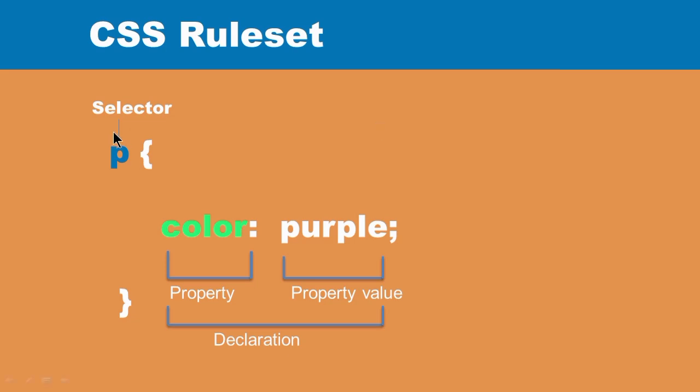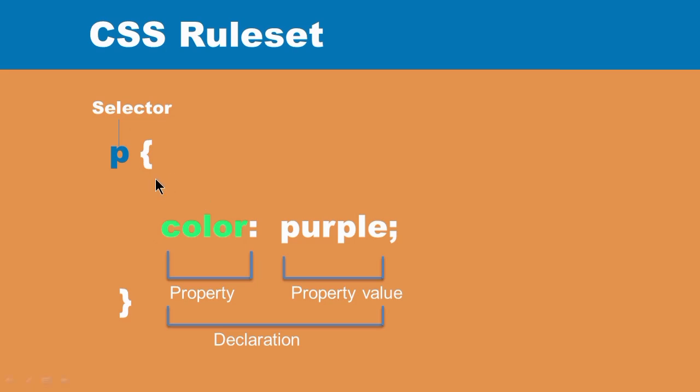In this case, the P here is the selector, which is the HTML element I want to apply styling to. Next, you need to put in an opening curly brace and a closing curly brace. Very important. Inside the curly braces is where you actually write the CSS.